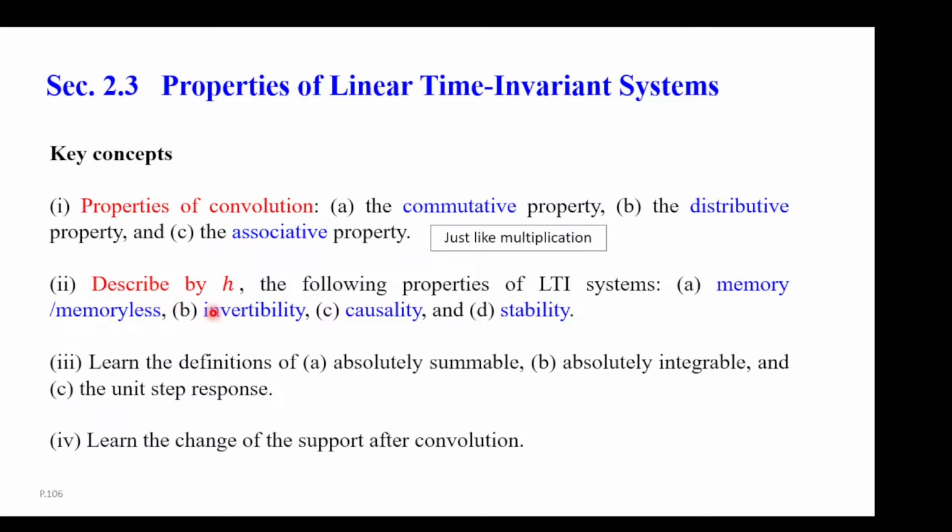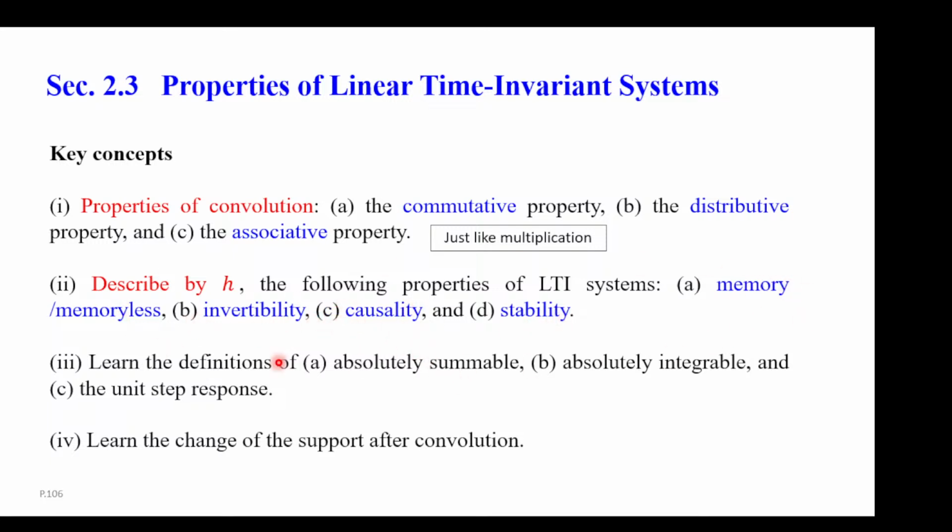And then the second part is we want to describe the systems by the system function. We found out an LTI system can be described by the impulse response function h. I guess we haven't called it system function yet. And that also means that the four properties we talked about a lot in chapter 1 can also be described by this unit impulse response h: memory, invertibility, causality and stability.